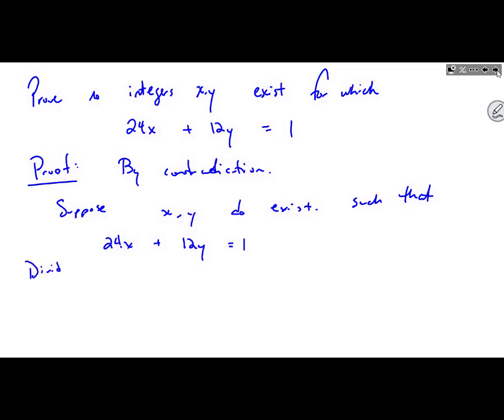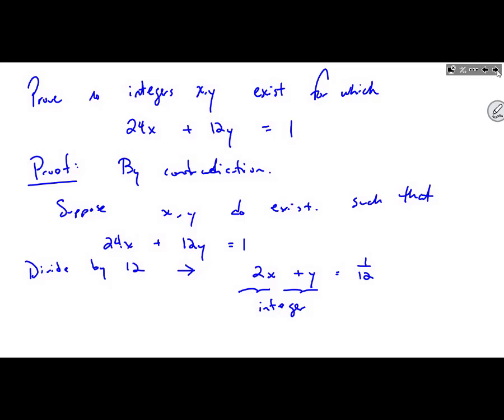Well, notice if I divide by 12, then I get 2x plus y equals 1/12. Now, this 2x plus y, this is an integer, this is an integer, so their sum must also be an integer.